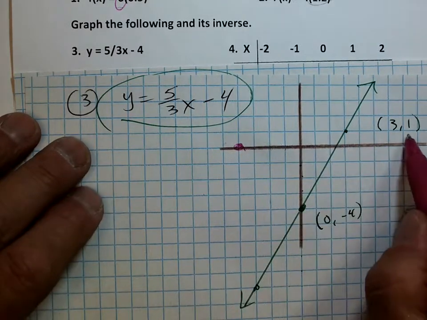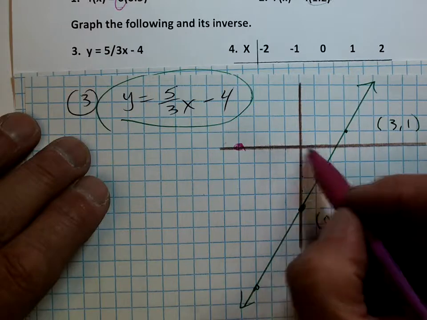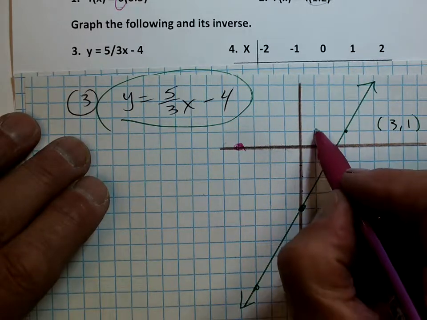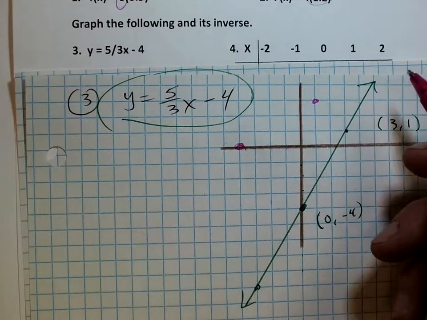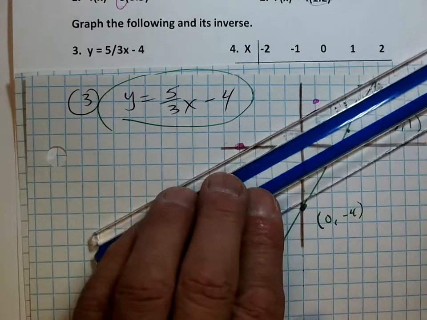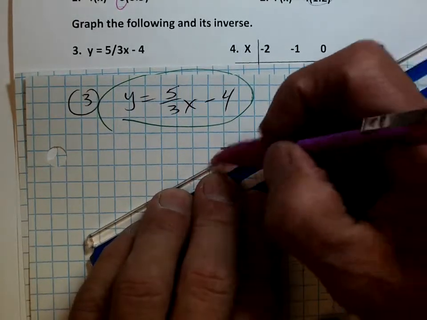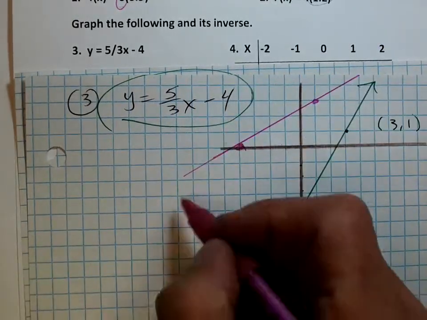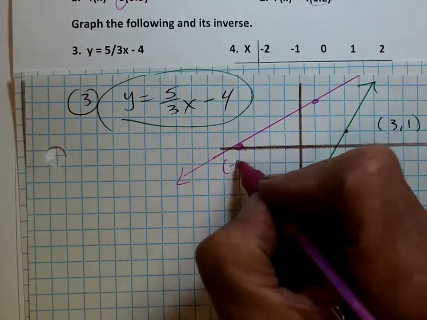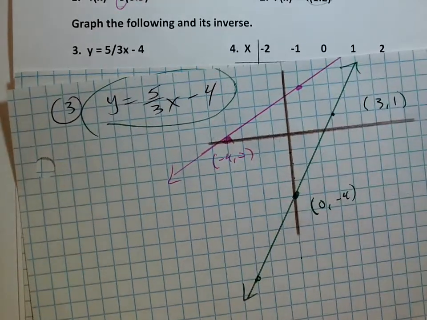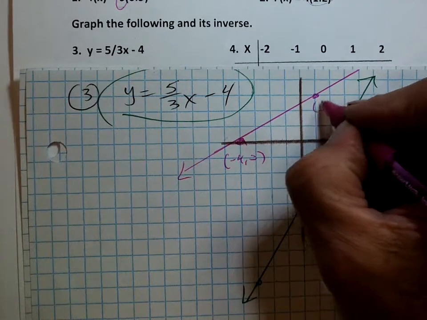And I'll have another value at 1, 3. So its inverse is this graph. That's my inverse graph. I just switch the points around, right? So this is at -4, 0, and this is at 1, 3.